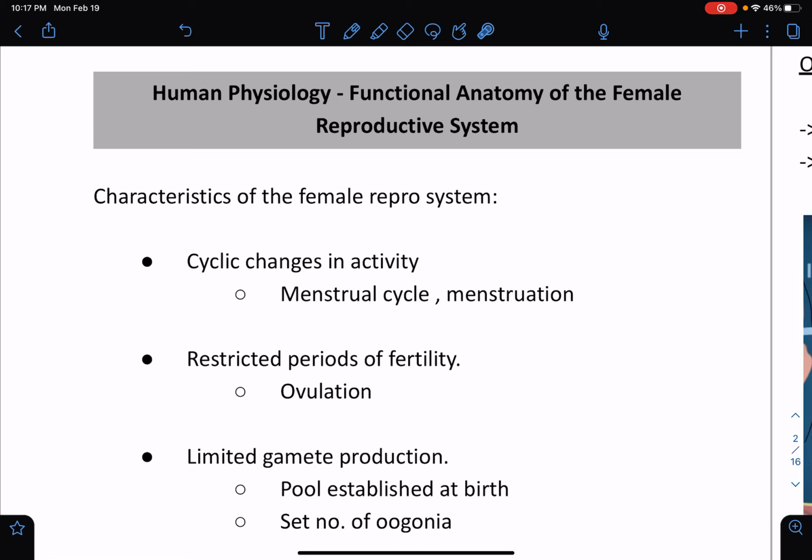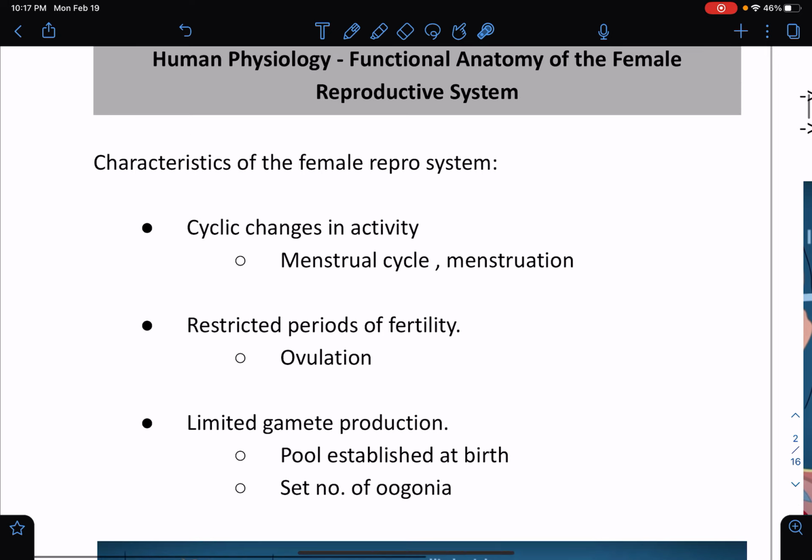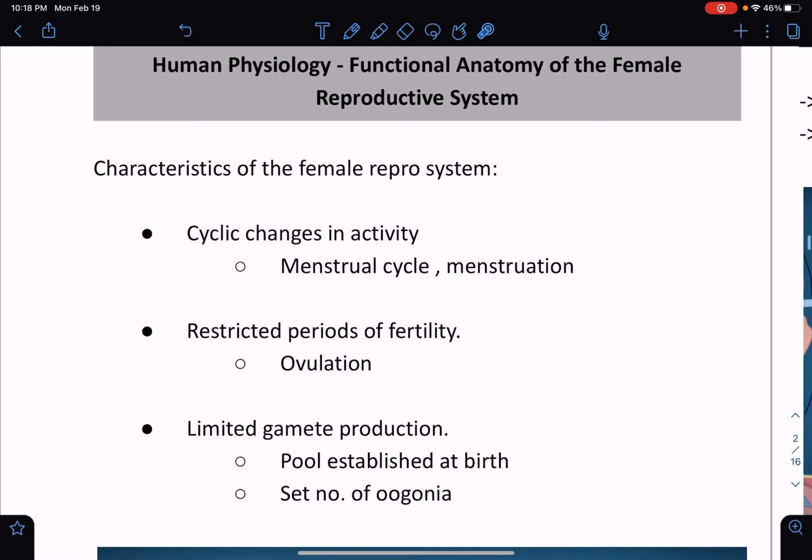So for the functional anatomy of the female reproductive system, it is said that there are three characteristics. The first being cyclic changes in activity, the menstrual cycle and menstruation. Aside from that, we have restricted periods of fertility.